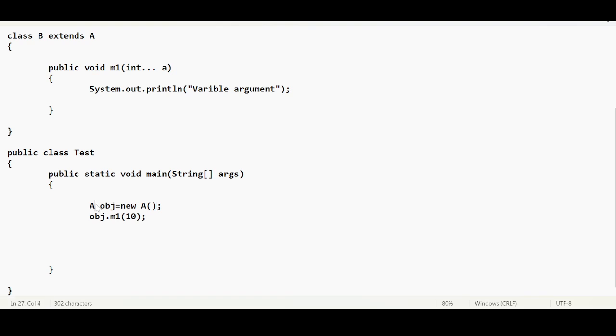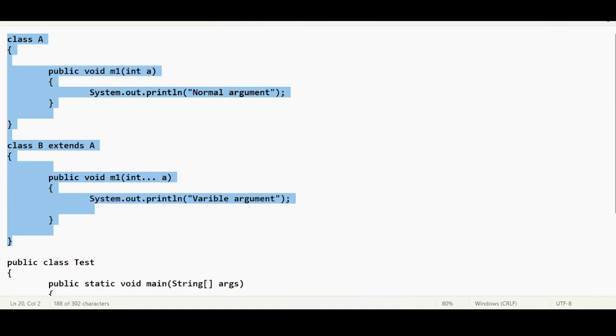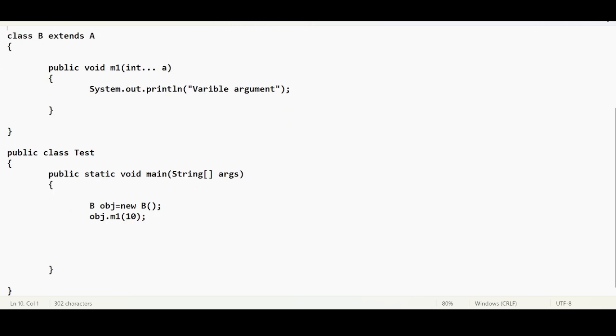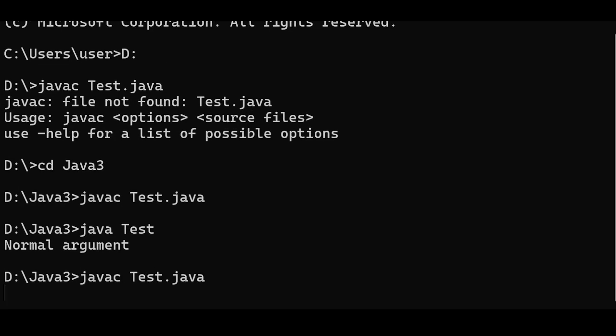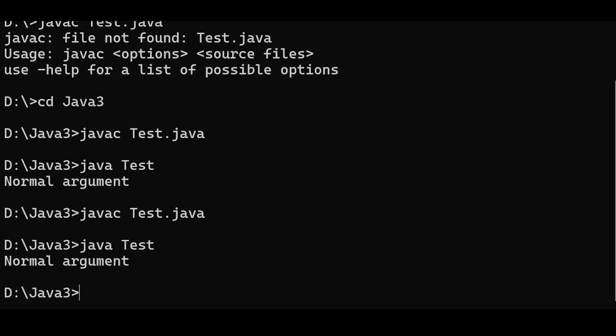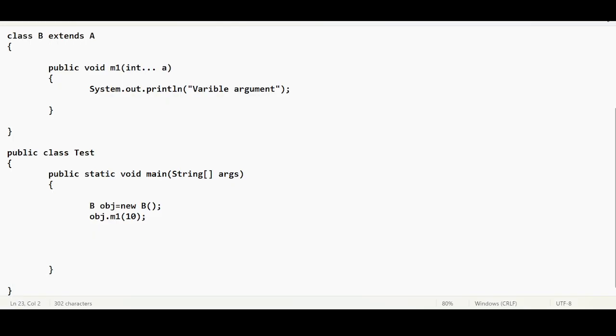So when I created an object for the child class, B obj equal new B, the object is being created for the child class. So we are thinking that, because of the runtime mechanism, this method needs to get executed, right? Normal argument.